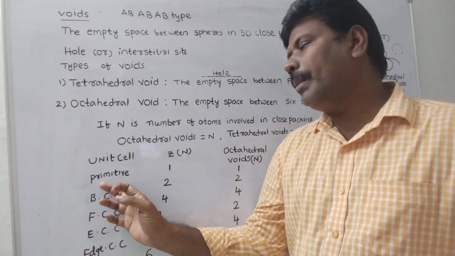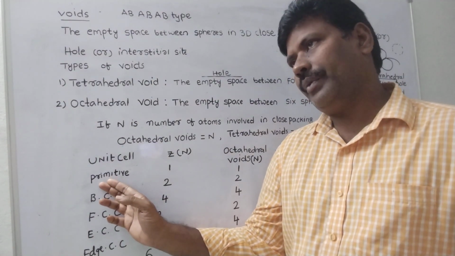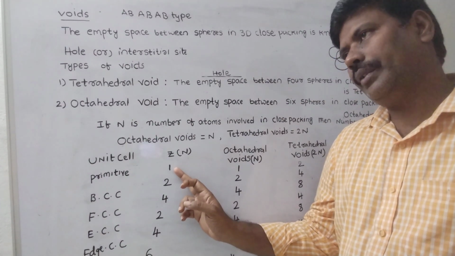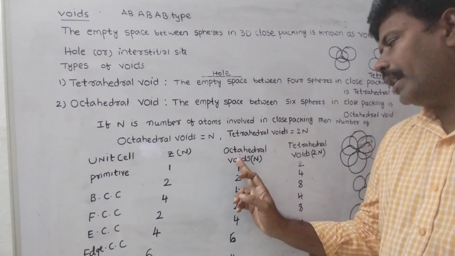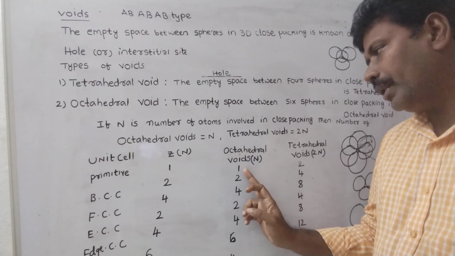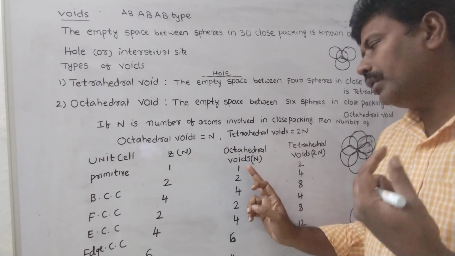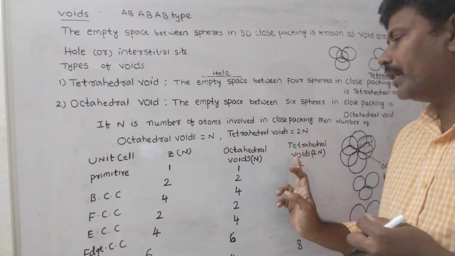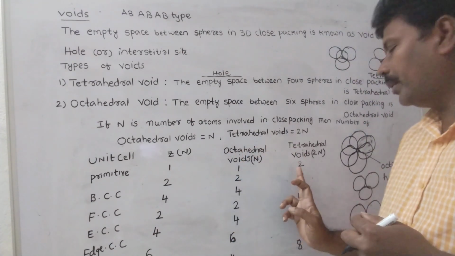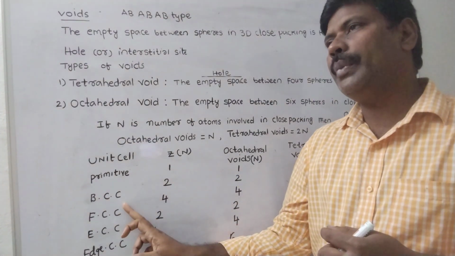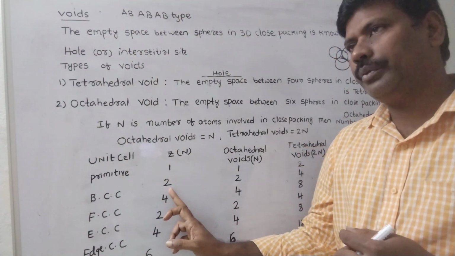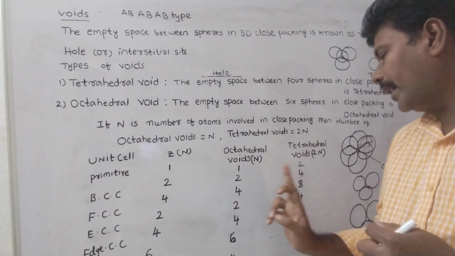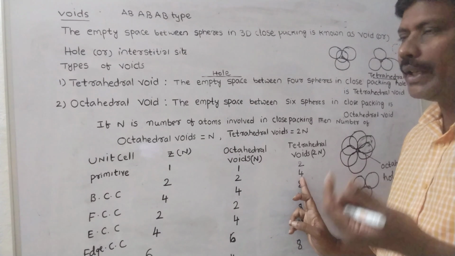For example, for a primitive unit cell, the Z value is 1. So the number of octahedral voids is 1 and the tetrahedral voids are 2n, that is 2. For BCC, the Z value is 2, so octahedral voids are 2 and tetrahedral voids are 2Z, that is 4.